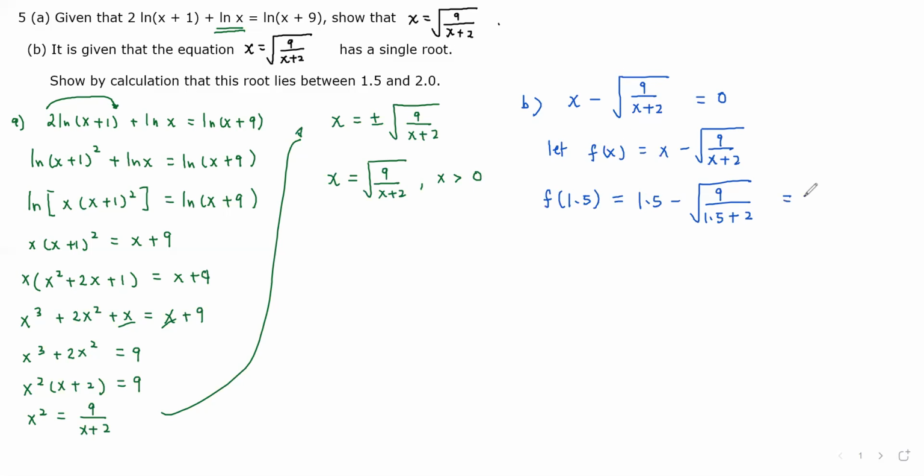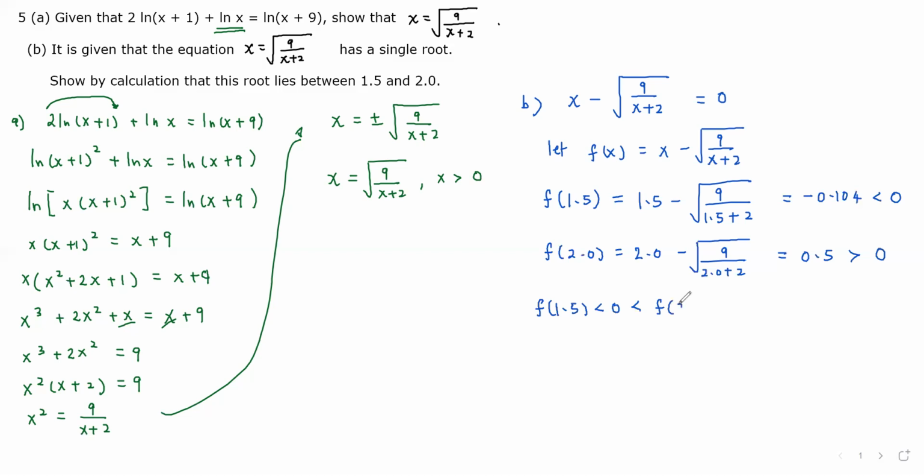That gives us a value of negative 0.104, which is less than 0. f of 2.0 is 2.0 minus square root of 9 over (2.0 + 2), which is 0.5, and this is greater than 0.